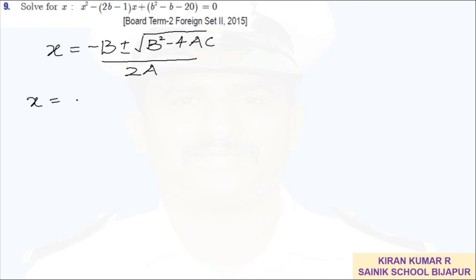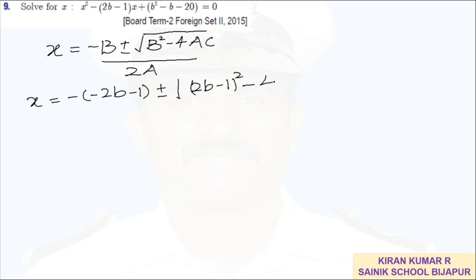If you substitute minus B, it is minus of minus 2b minus 1. This is minus B plus or minus root of B square, which is 2b minus 1 whole square. If you consider negative or not, the value remains same because it is squared.